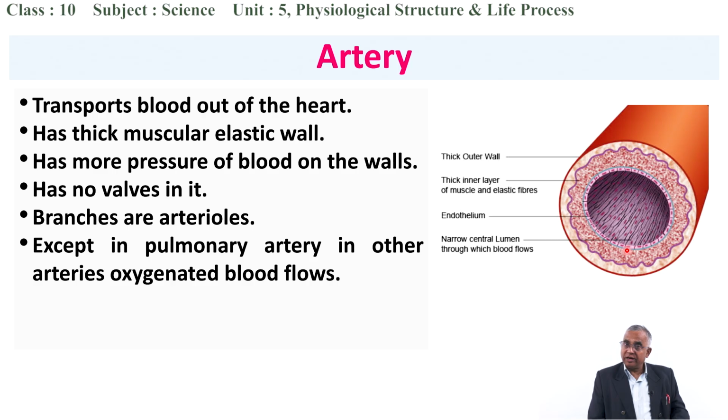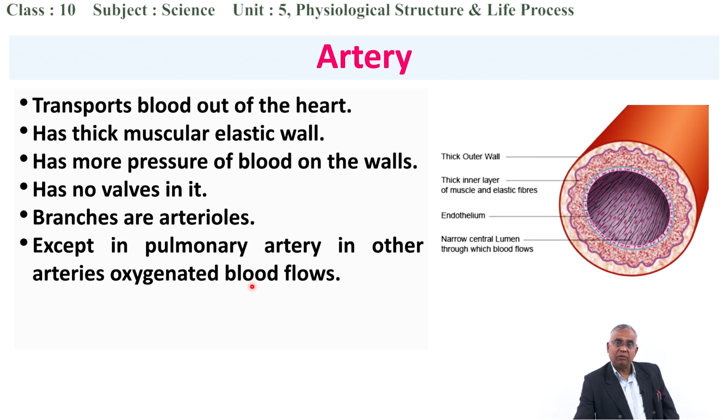Except in pulmonary artery. What is pulmonary artery? In heart structure you were taught that artery which connects the right ventricle of the heart with lungs. Right ventricle of the heart is connected with lungs by what? Pulmonary artery. Yes. So pulmonary artery carries impure blood or deoxygenated blood, but others carry what? Oxygenated blood.